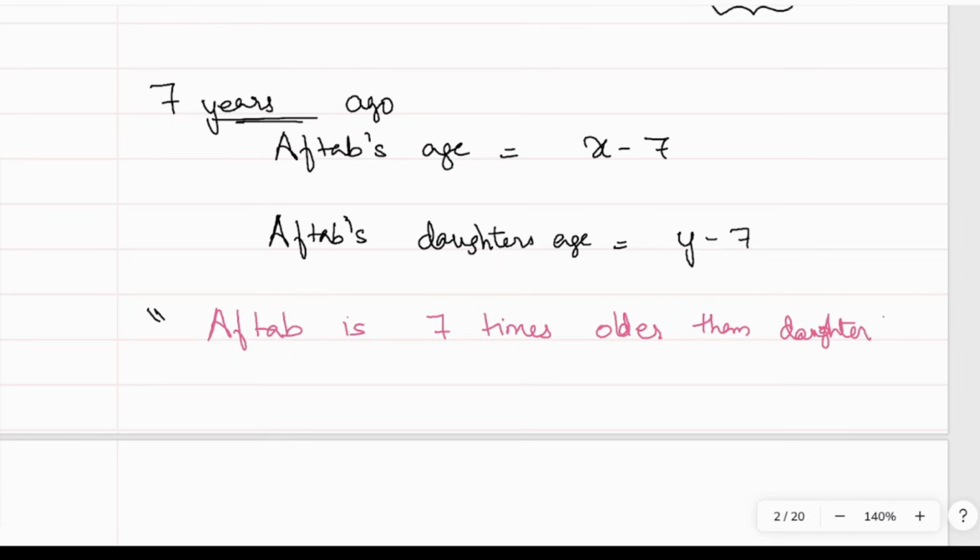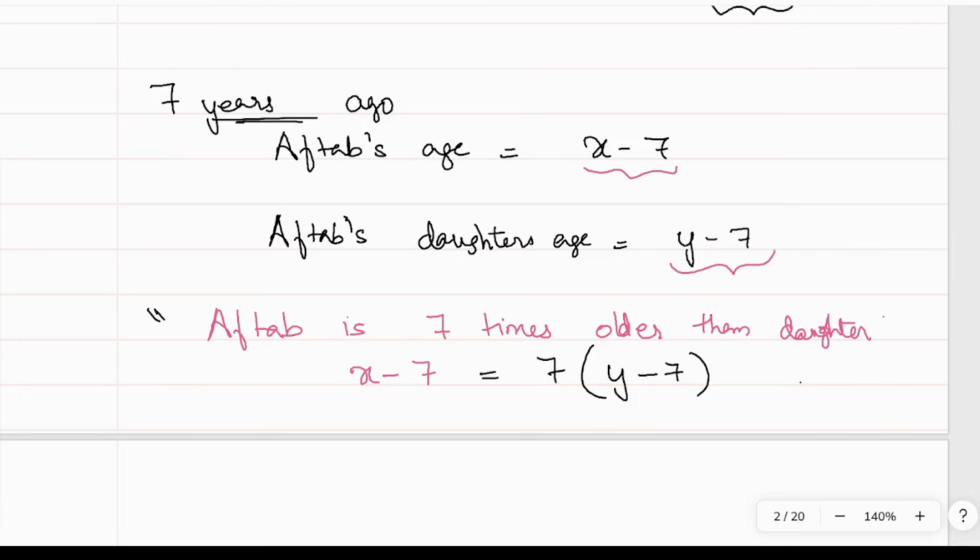So Aftab's age 7 years before, x minus 7, is equal to what? 7 times Aftab's daughter's age at that time. That is 7 into y minus 7. Clear? Okay. Then we will have to solve this one and find the value.